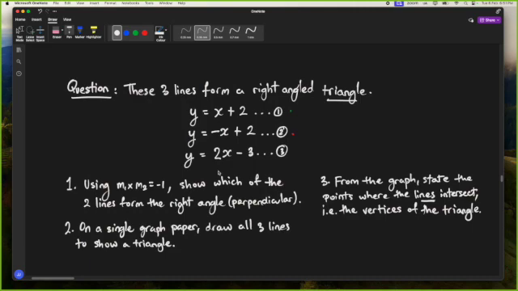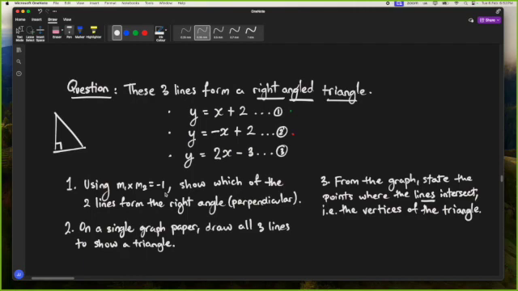You have to show, because if it is a right-angled triangle, a right-angled triangle means that two of the lines have to be perpendicular. Can anybody look at the equations and tell me just by looking which of those two lines are perpendicular? 1 and 2.